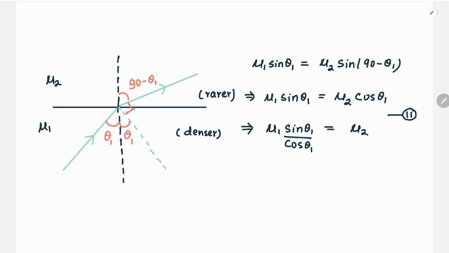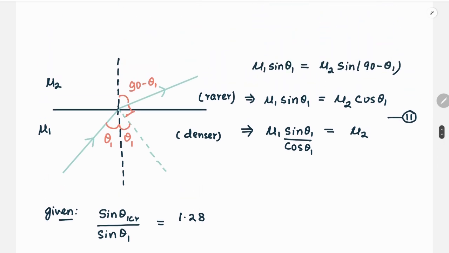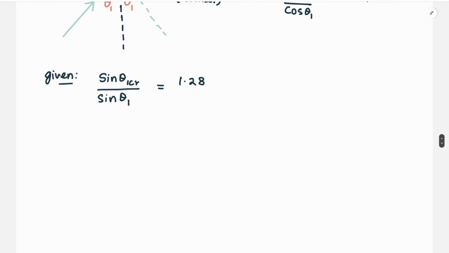So we divide the two equations. Why? Because it is given in the problem that sin theta 1 CR by sin theta 1 is 1.28. So to relate these two equations, we divide equation 1 by equation 2.